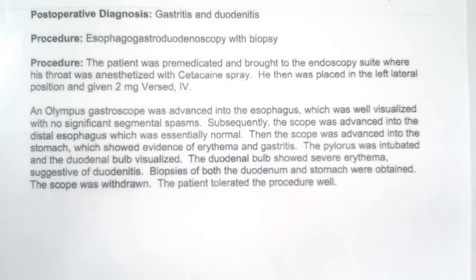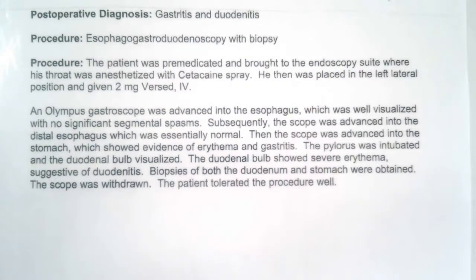One of the things that I've been saying throughout this segment is that it's critical for you to understand what your provider is doing. Now is the time to understand the procedure by Googling a picture of this procedure, which is known as an EGD. So scopy, that's the process of viewing.